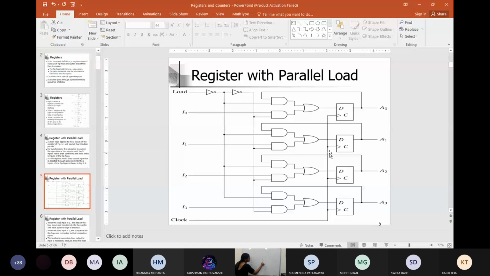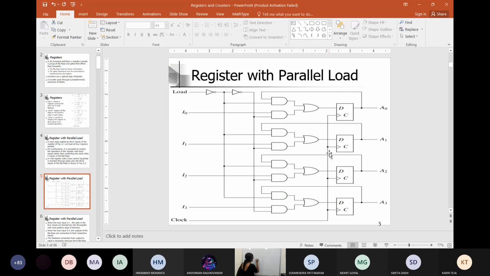Did you see that? So here also we have 4, right? But information is not directly entering. First of all, if you check, I0, I1, I2, I3 are not just connected like that. They are connected to an AND gate, isn't it? This is a 2 input AND gate. And the other input, what is it doing?